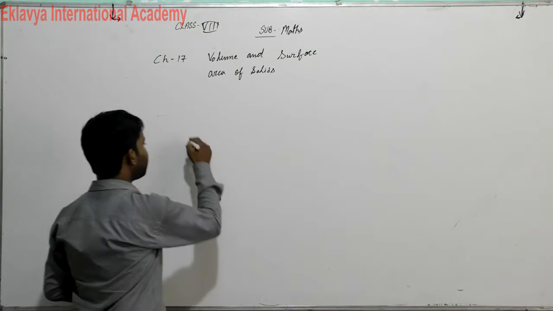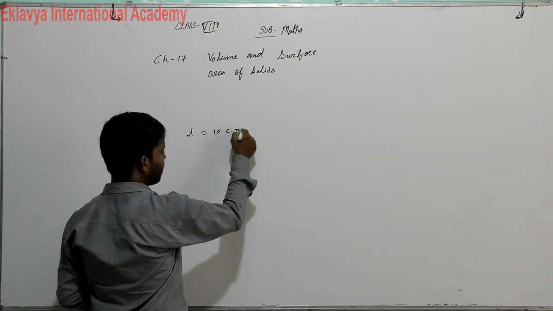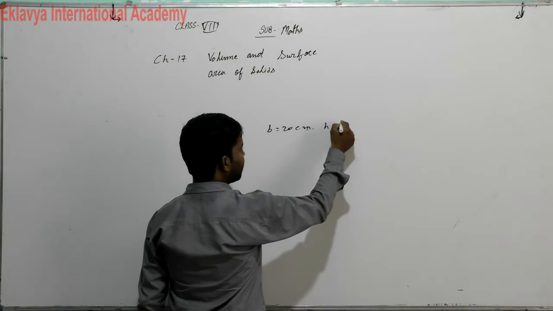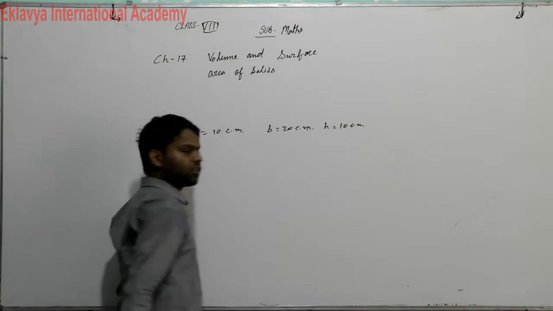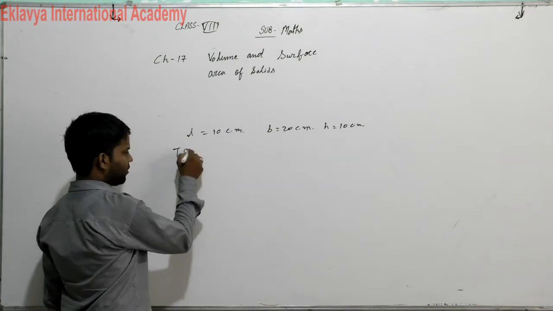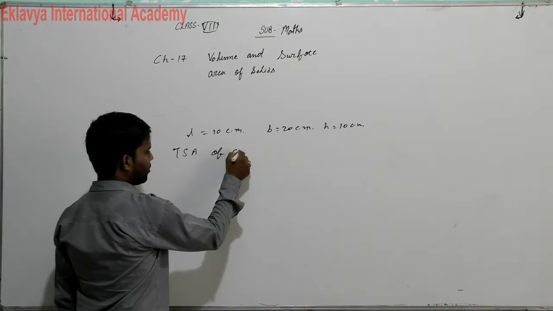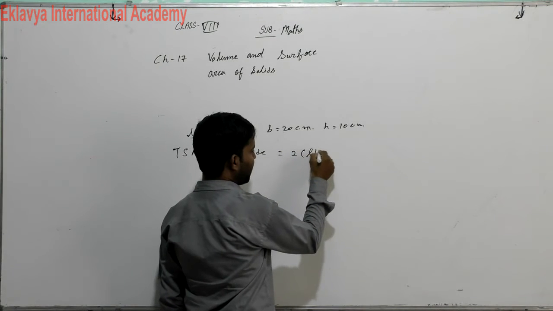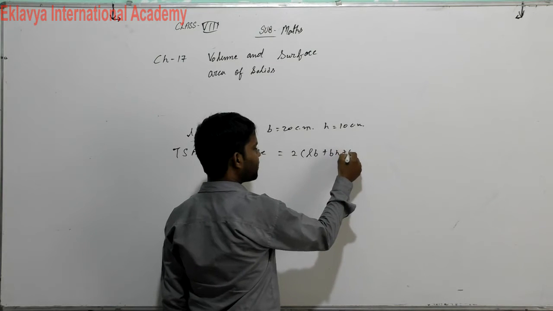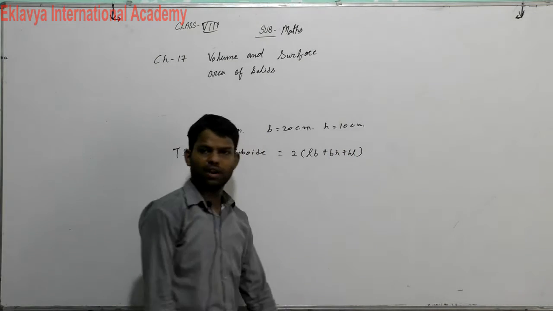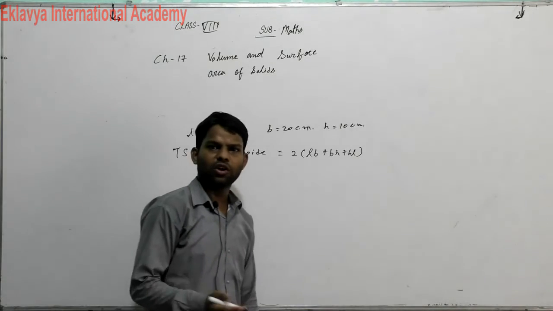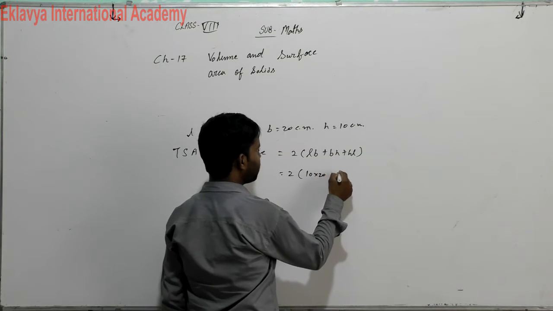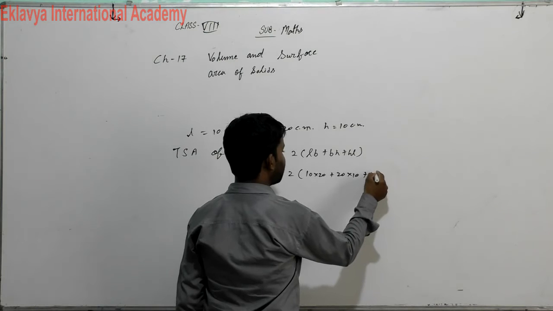Here length is 10 centimeter, breadth 20 centimeter, and height 10 centimeter. So TSA of the cuboid is equal to 2 bracket length breadth plus breadth height plus height into length. If we put in the values of these three dimensions, then 2 bracket 10 multiplied by 20 plus 20 multiplied by 10 plus 10 multiplied by 10.